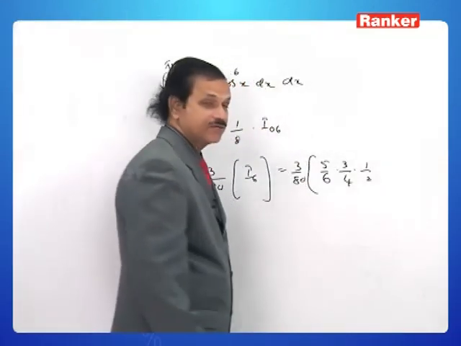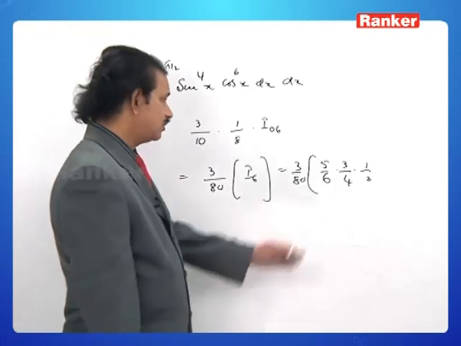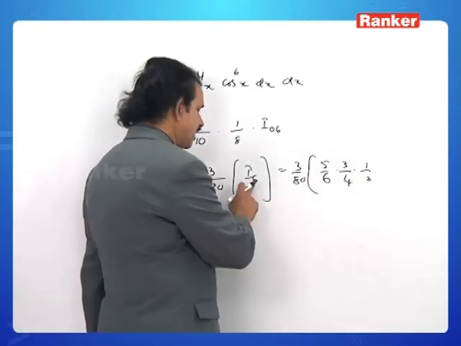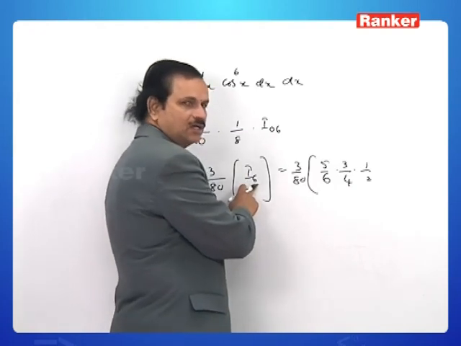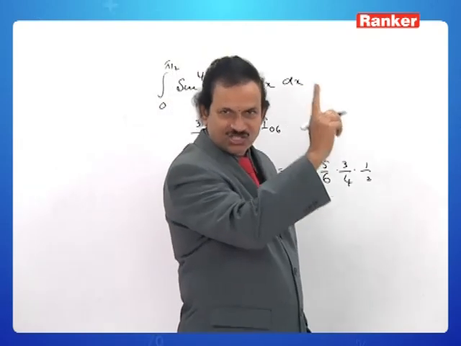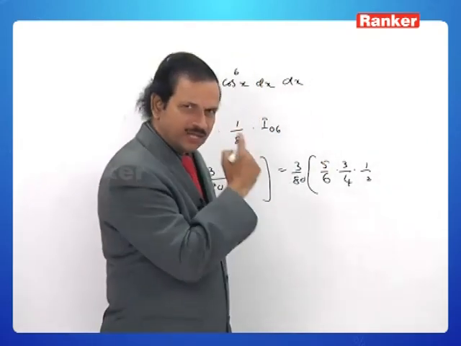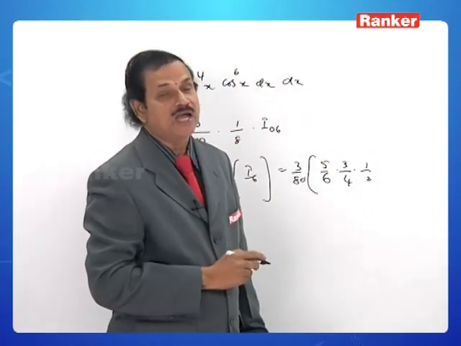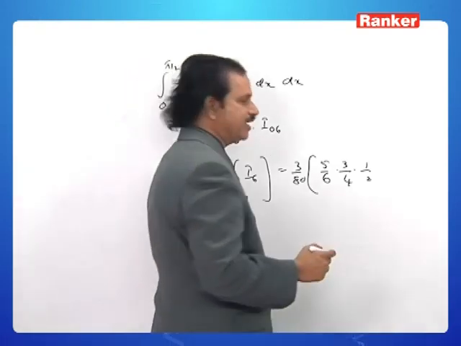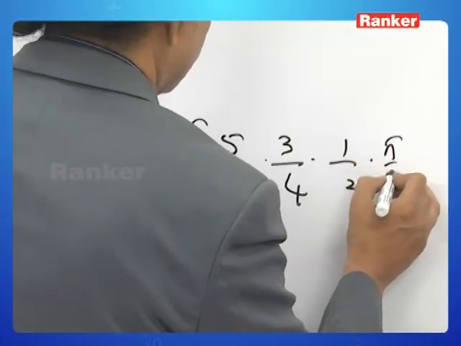Stop. Why should you stop there? Because it cannot decrease further. What is n? 6, even. If n is even, recollect the formalities of that Wallis formula: at last we will have I0. What is I0? Pi by 2. So pi by 2 into pi by 2.